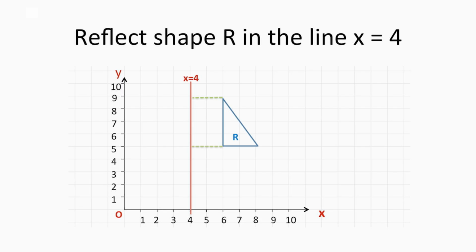And same for that bottom corner, it's 2 squares away from the mirror line. So that means in the reflection, the corresponding corners on our reflected triangle will also be 2 squares away from the mirror line. And once we know where those 2 corners are, we can draw in the rest of the shape, and you can see that the reflection has flipped the shape over, and our mirror line there was x equals 4.